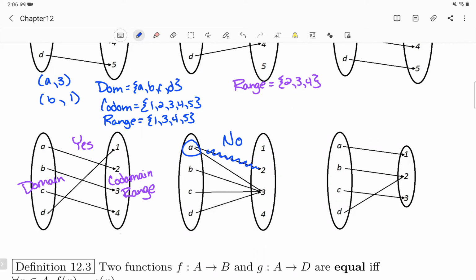And the last one? Yes, and again our domain is still A, B, C, D, and our codomain equals our range. It just happens to be smaller than the previous one was.